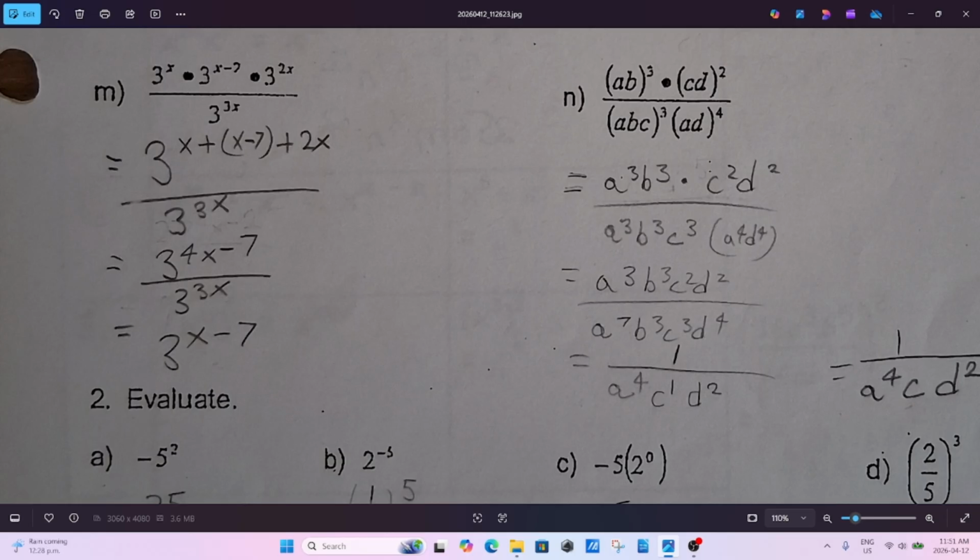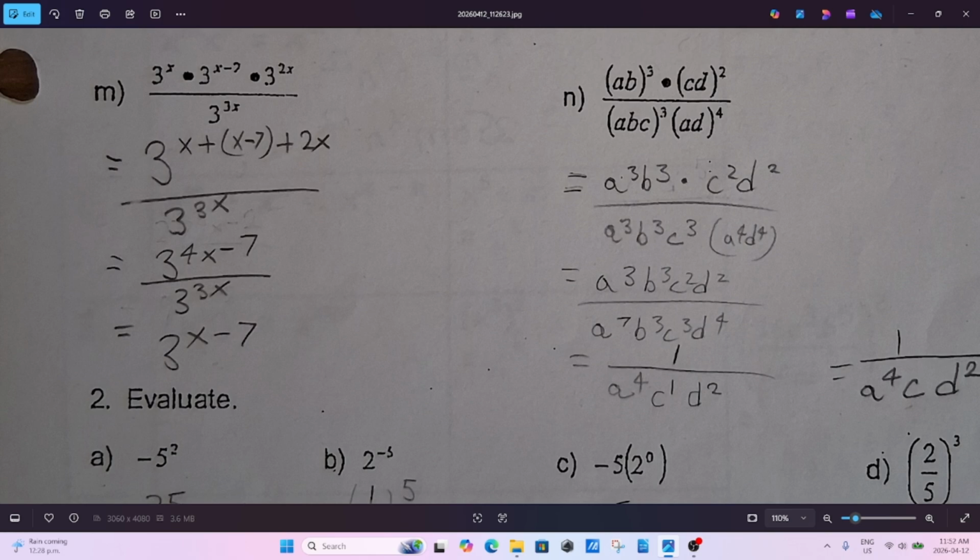Right, so you just add the exponents in the numerator together. And then you finally subtract the exponents on top by the exponents on the bottom. So 4x - 7 - 3x, and that just gives you 1x left. So it's 3^(x-7).